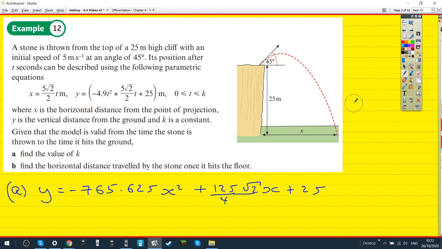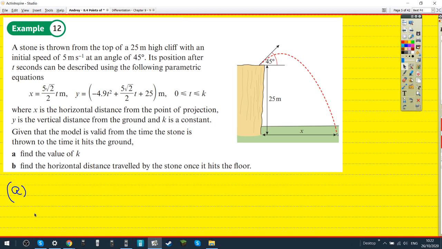Okay, because it's hitting the x-axis, does that mean I need to make y equal to 0? Is y 0 at that point? I think y might be minus 25. Is that right?